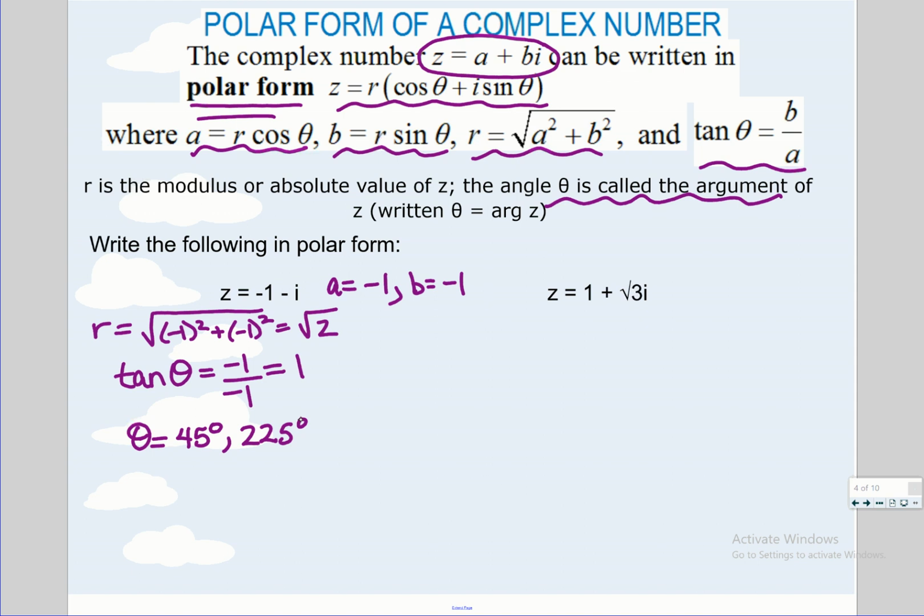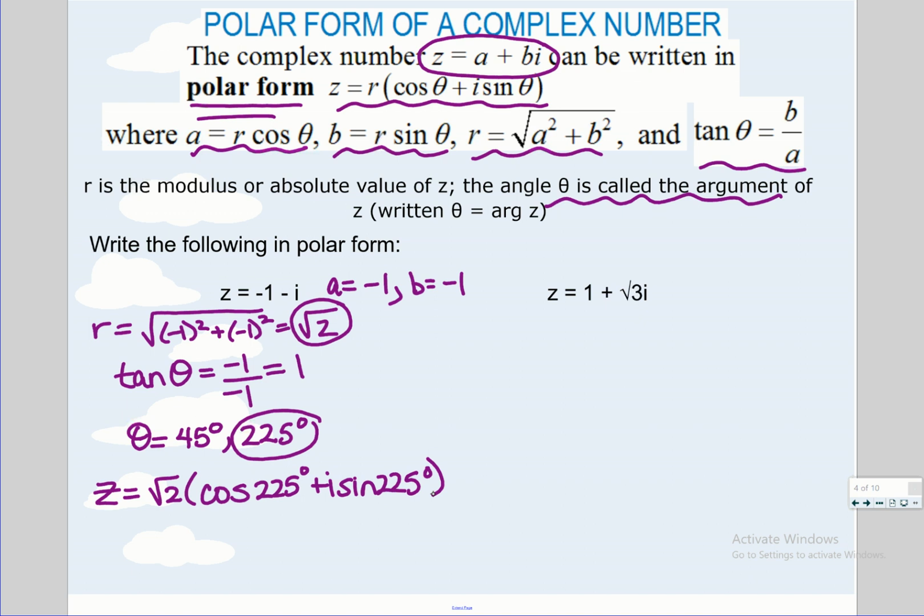Quadrant 3. So which of these angles am I going to choose? 225. Okay, so I have my r, I have my theta, my polar form of z. Another way to write this complex number is the square root of 2 times the cosine of 225 plus i sine 225.